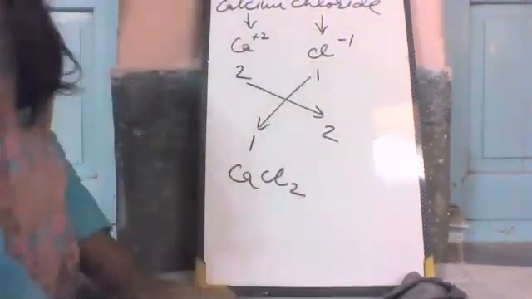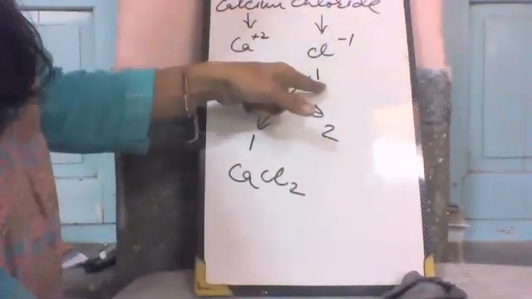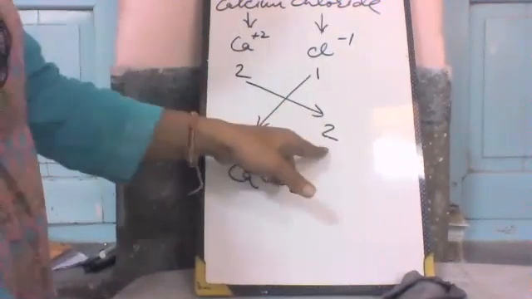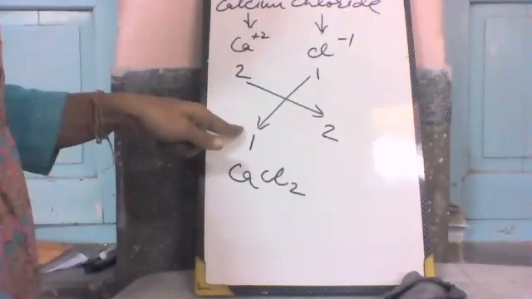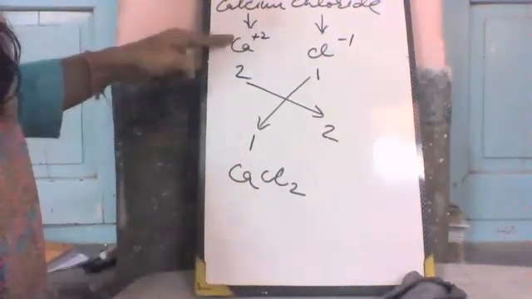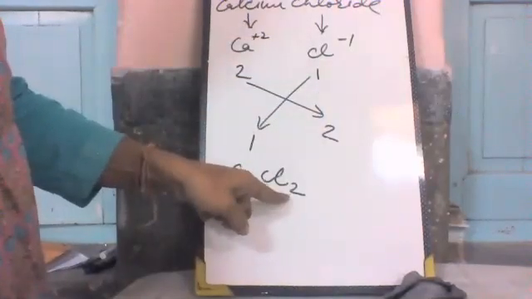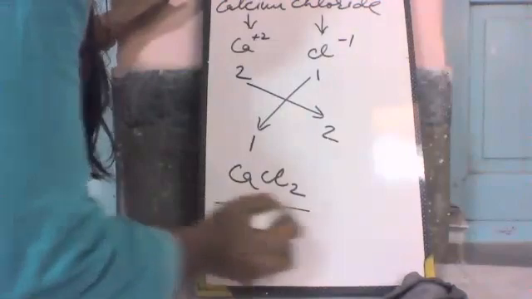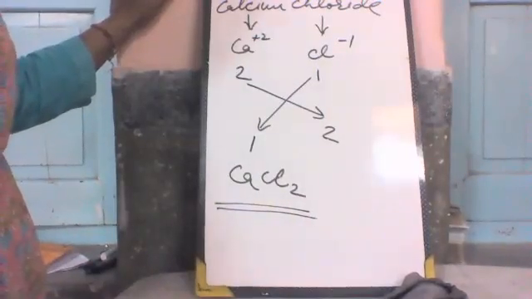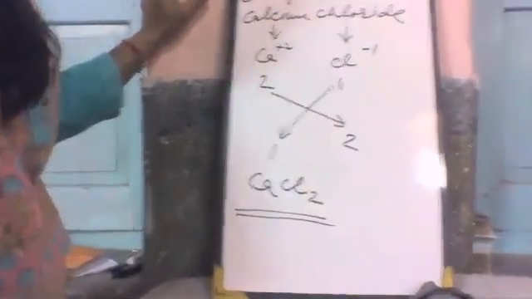Now write the valencies at the bottom, 2 and 1, and interchange them: 2 for the chloride and 1 for the calcium. Now we write calcium 1 time and chloride 2 times, CaCl2, and this is the formula for calcium chloride. Is it clear to you?